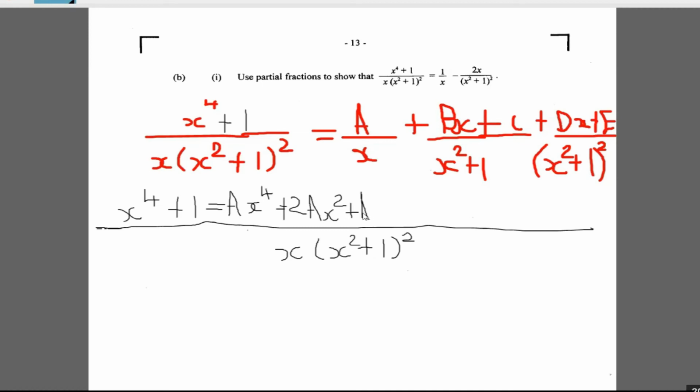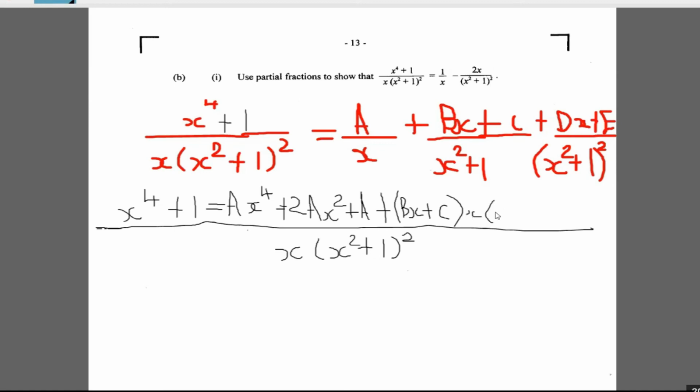Plus the second term squared, 1 squared is 1, times a is a. Have to pay keen attention there. So plus, now this into this leaves x times x squared plus 1. And so what we're getting is bx plus c times x squared plus 1.